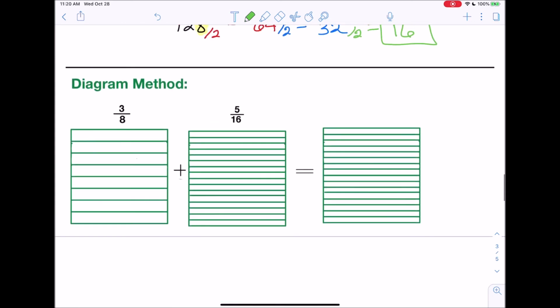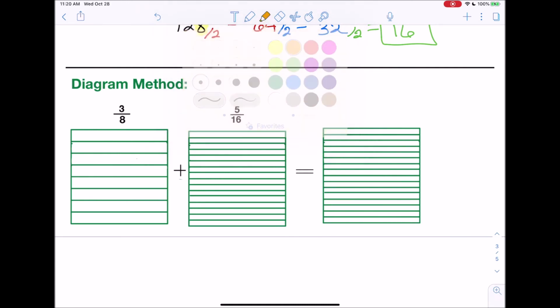We could have also done the diagram method, which means we draw a diagram. So we have 3/8, so I'm going to go ahead and color in. We have 2 identical rectangles, right? The first one's been divided into 8 parts.